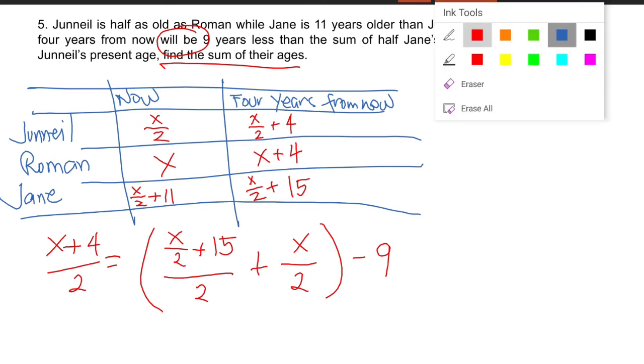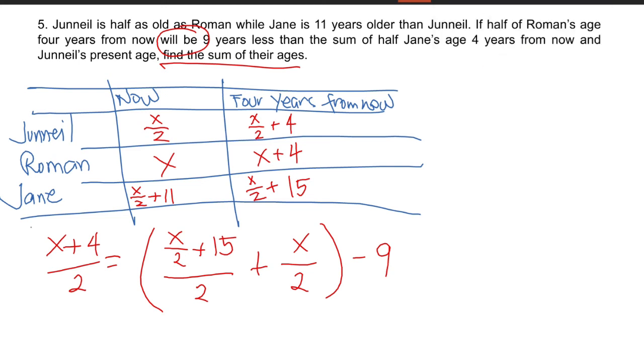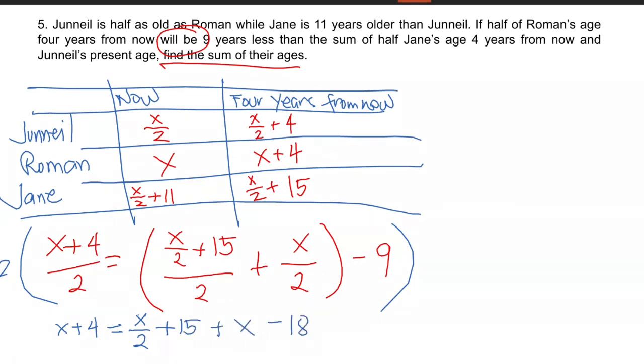But if you are not fond of solving with fractions, let's multiply everything by 2 because, as you can see, we have a denominator which is 2. After multiplying, we will get x plus 4 equals x over 2 plus 15 plus x minus 18.